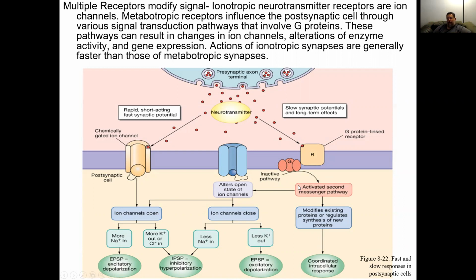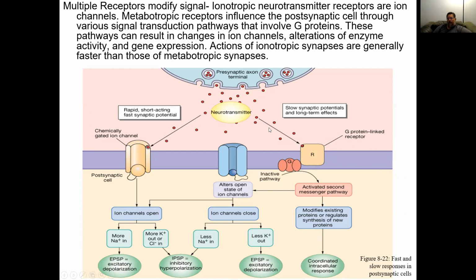So that's what it's saying here: an activated secondary messenger pathway that can modify proteins or synthesize proteins, maybe through going through the DNA and messenger RNA synthesis, and can actually change the neuron in such a way that it coordinates intracellular responses. So that is kind of a long and slow process. And this is something that you see more maybe in the formation of memory because it modifies neurons.